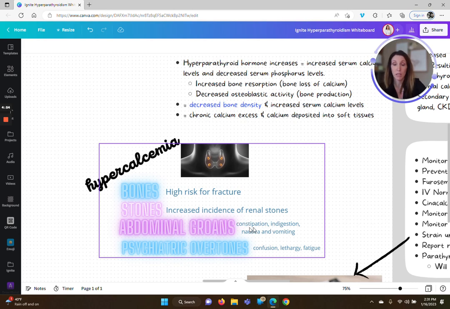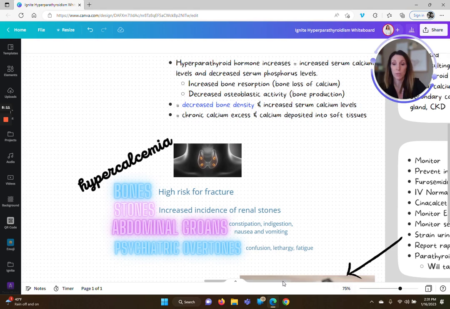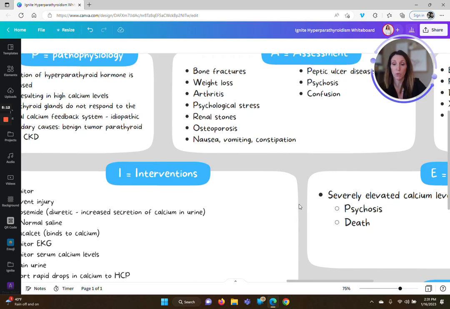So it makes sense that if we have increased levels of serum calcium, we're going to have a symptom of constipation. And then indigestion, nausea, and vomiting. And then psychiatric overtones: confusion, lethargy, and fatigue. That is our bones, stones, abdominal groans, and psychiatric overtones.